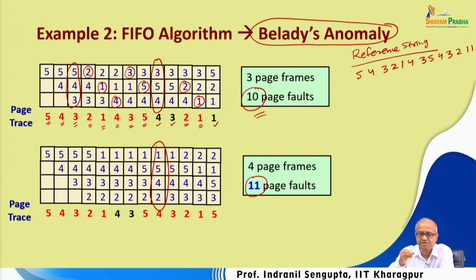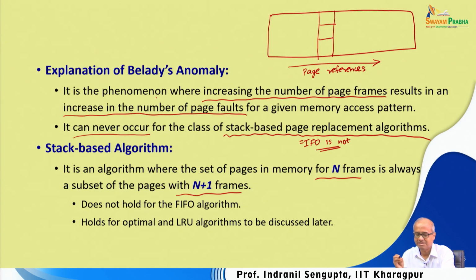In the first case there was a page number 3, but in the second case 3 is not there. So, this is not a subset of this. This is not a stack algorithm. A stack algorithm says that the set of pages in memory for n frames will always be a subset of the pages for n plus 1 frames, and this should hold for all time steps.